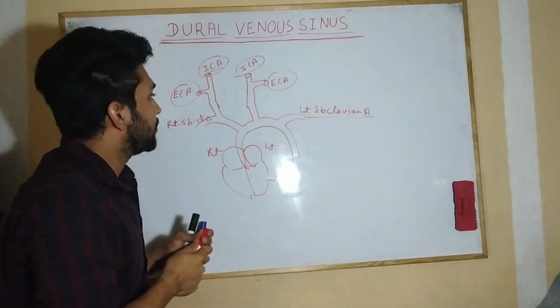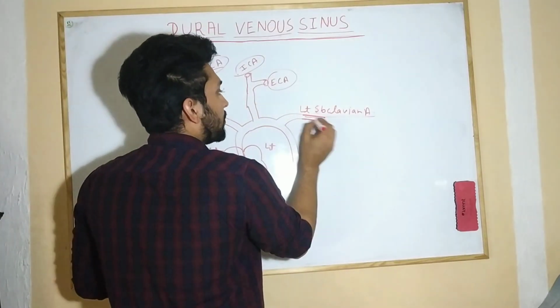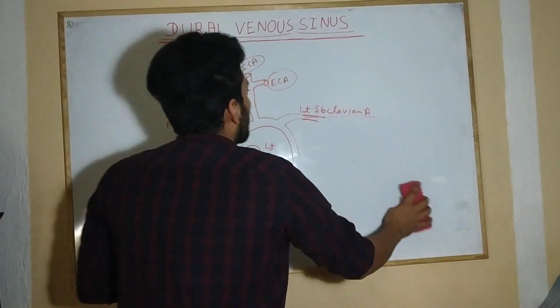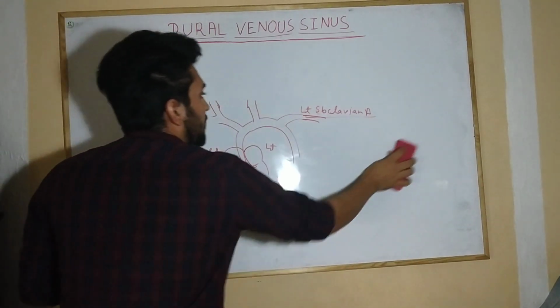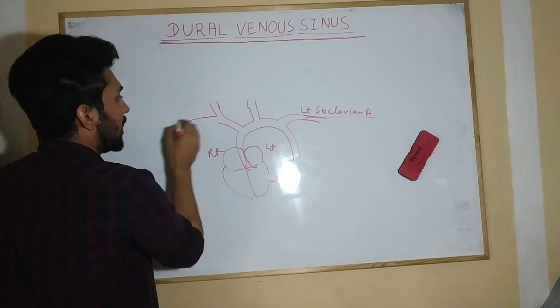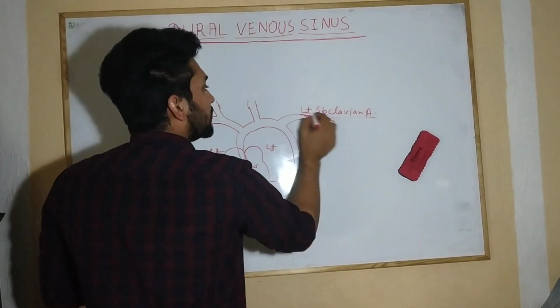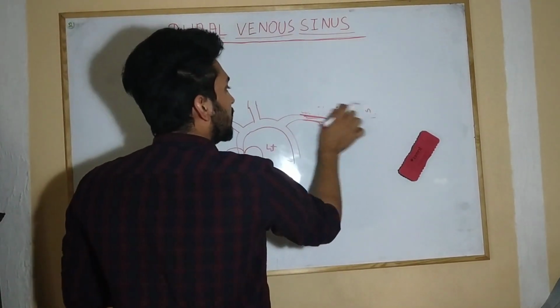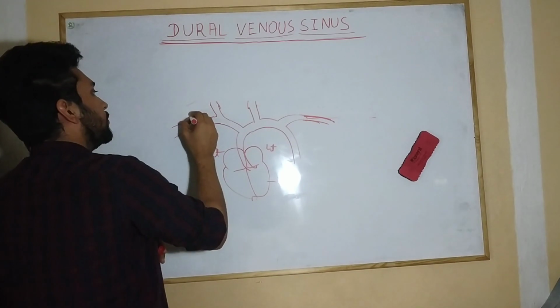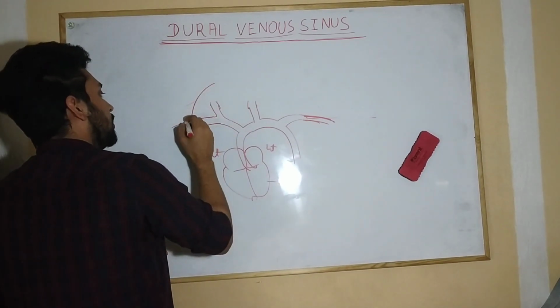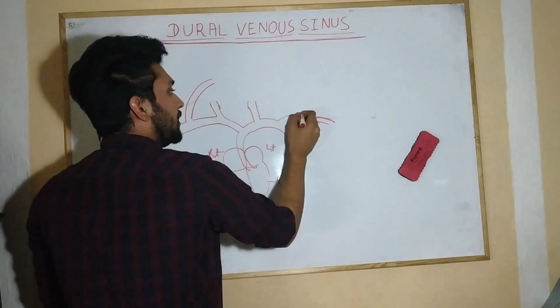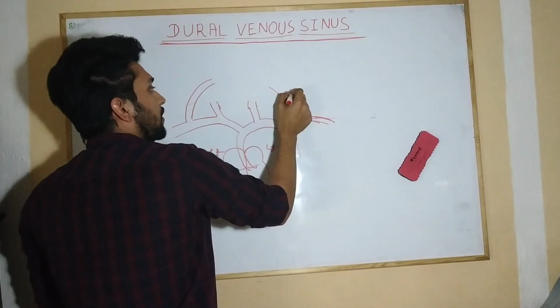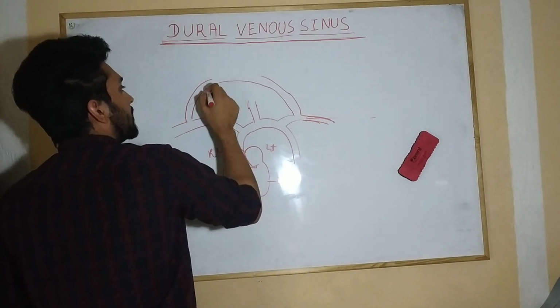Now we have some more arteries which are going to our brain. These two arteries are arising from the subclavian artery. These both are called the vertebral arteries, the left vertebral artery and the right vertebral artery.